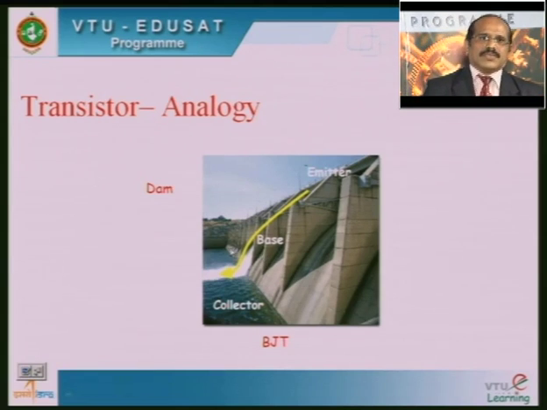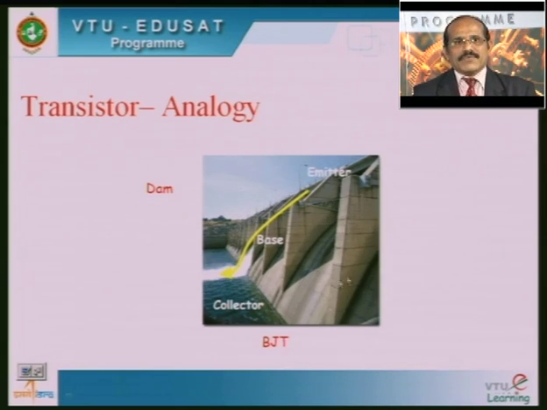The bipolar junction transistor can be compared with a dam here. The gate of the dam can be equated to the base, this side of the dam we can say is the collector, and on the other side of the dam we can equate it to the emitter. When the base, or the gate, is open, there will be a flow of water from emitter to the collector, or from the other side to this side.